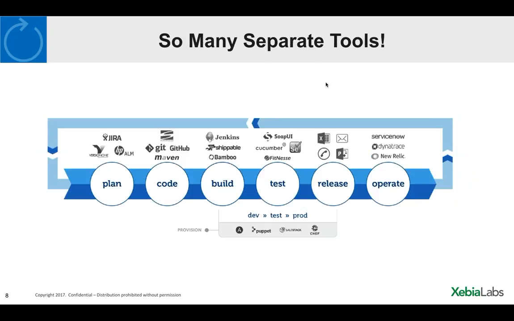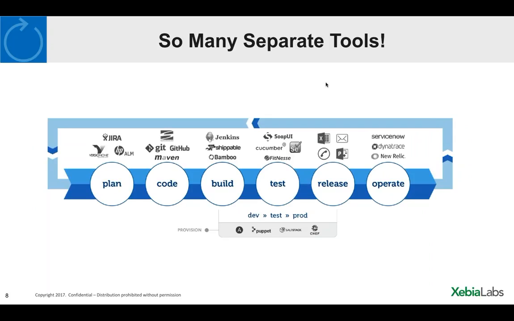When we look at the landscape, it also doesn't help that most organizations are using just a wild range of different tools, all of which are really good at specific things, but that don't kind of sit together in a really well-organized way.